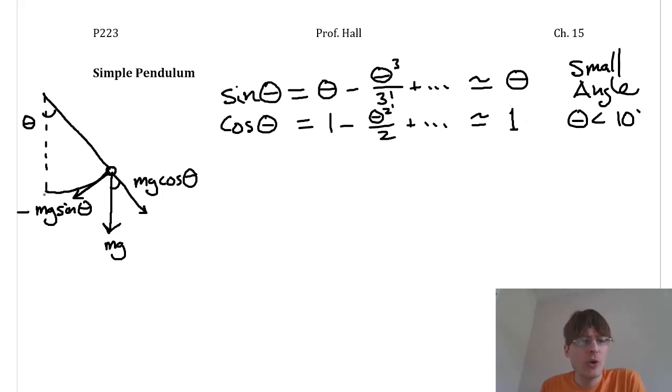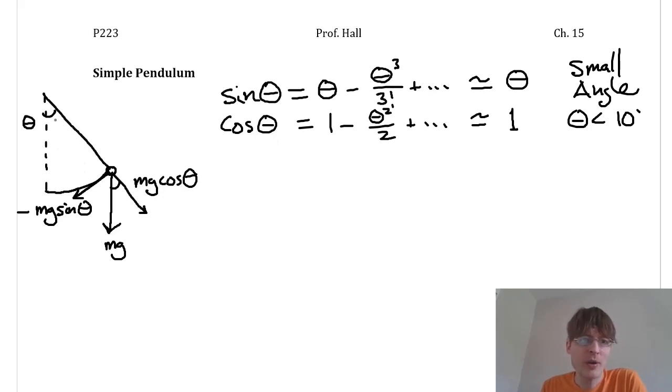Okay, so the actual amount of restoring force depends on mg sine theta. However, if the pendulum only swings through a small angle, we can greatly simplify the problem and use the small angle approximation. Okay, we need another mathematical fact, which is the length of this arc.